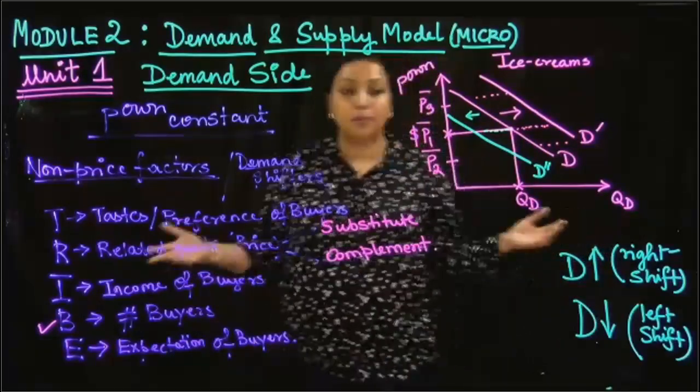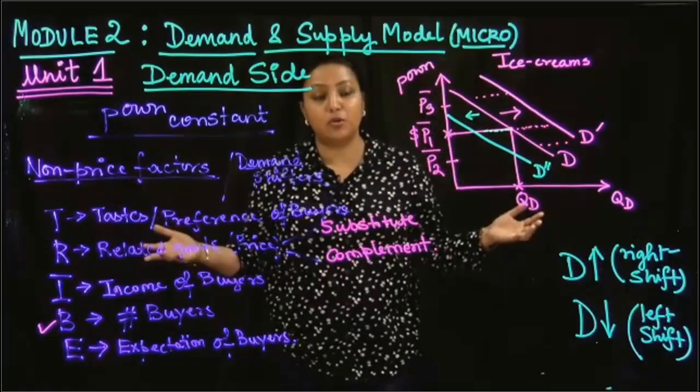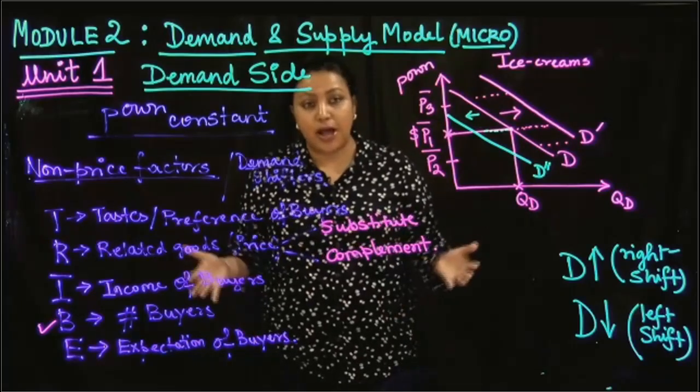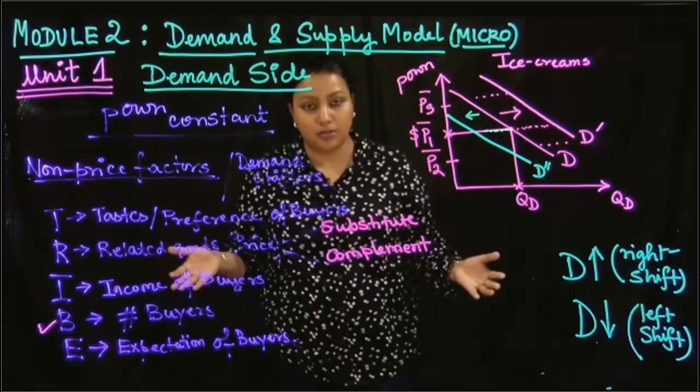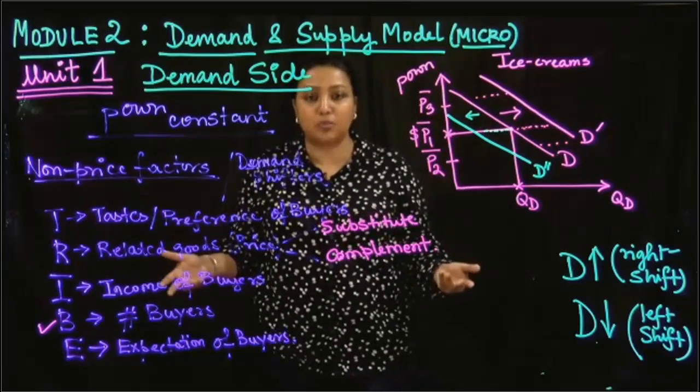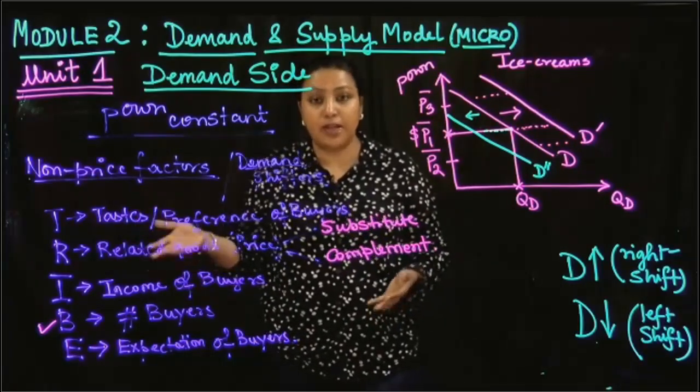Now a simple example, let's say we are in the textbook market, okay, at the beginning of the semester, and the price of the textbook is $100. At the beginning of the semester, everyone wants to buy a textbook because that is the recommended text.